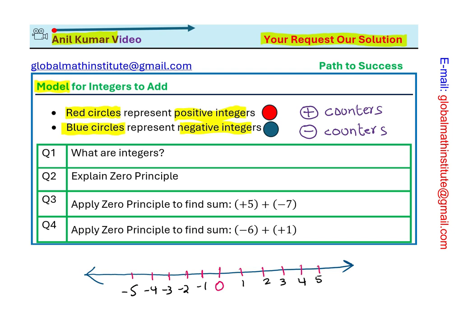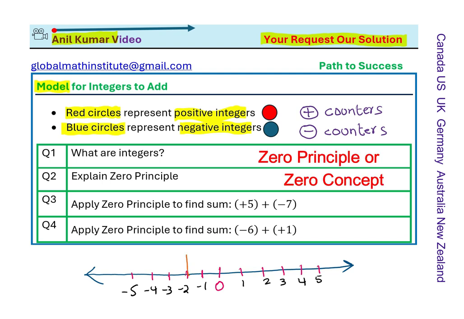Now, another important concept which we talk about is zero principle. Zero principle is that the negative numbers are also called additive inverse. So if I do, let's say, plus and minus 2, this is like going this side by plus 2, and this is going this side by minus 2.